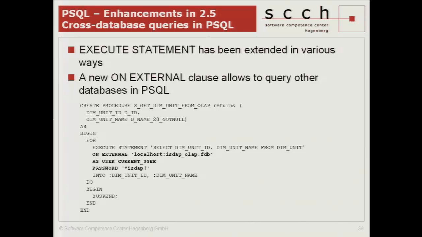Basically, it's again the execute statement, but with an additional on external clause where you specify the database path, as user, you can use, for instance, the current user context variable, and the password there. This way, it's wrapped into a for statement, so you pretty much can query data from another database and return that to the client application.